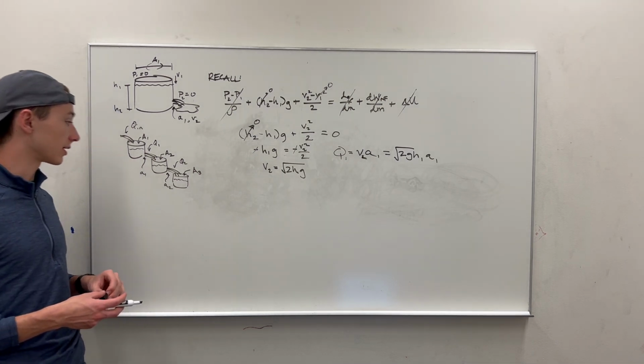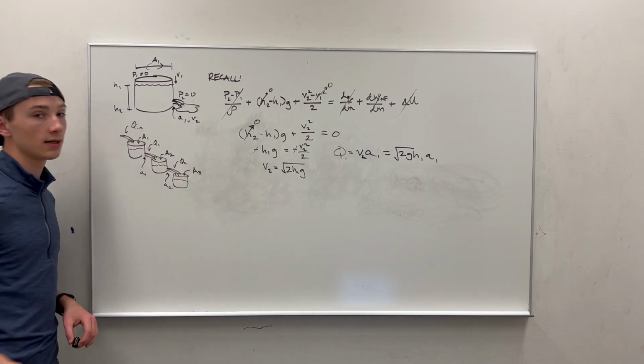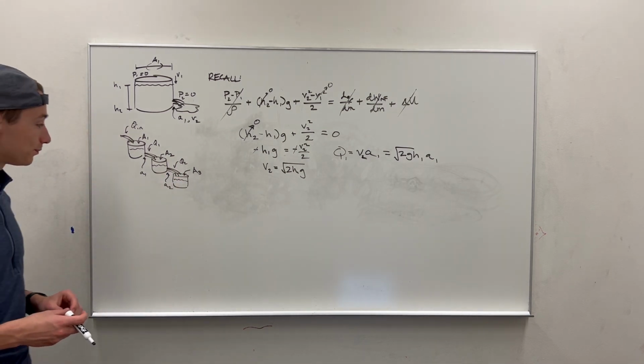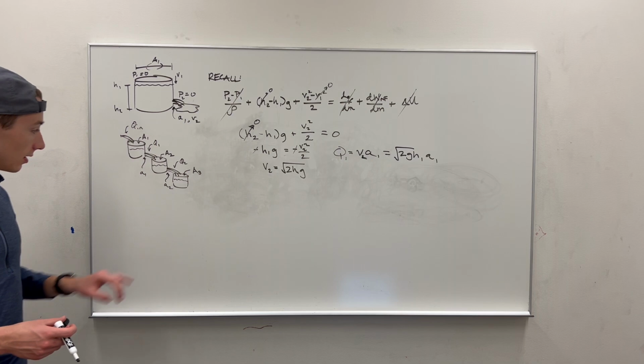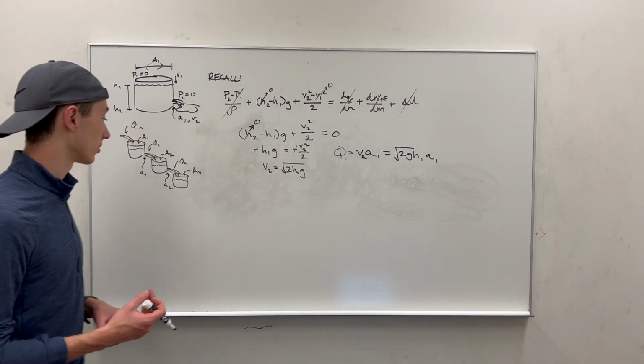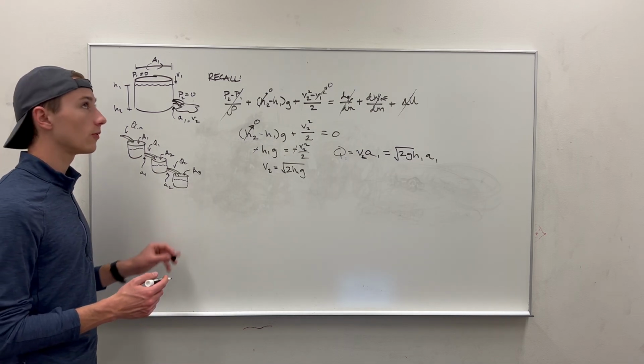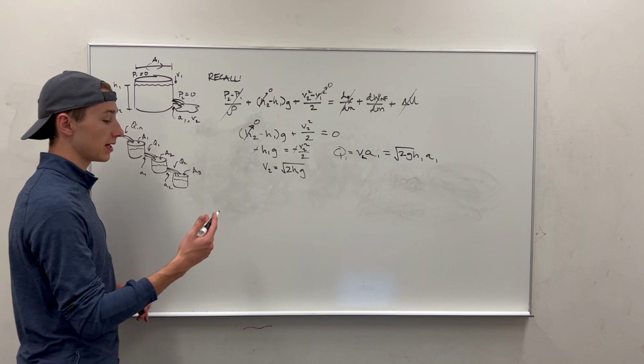Well, we have to come up with an expression that relates the height of the water in this tank to the flow of the inlet, right? So let's talk about how you might do this with a digital controller. First of all, maybe we want the height of the water to be at some set point.